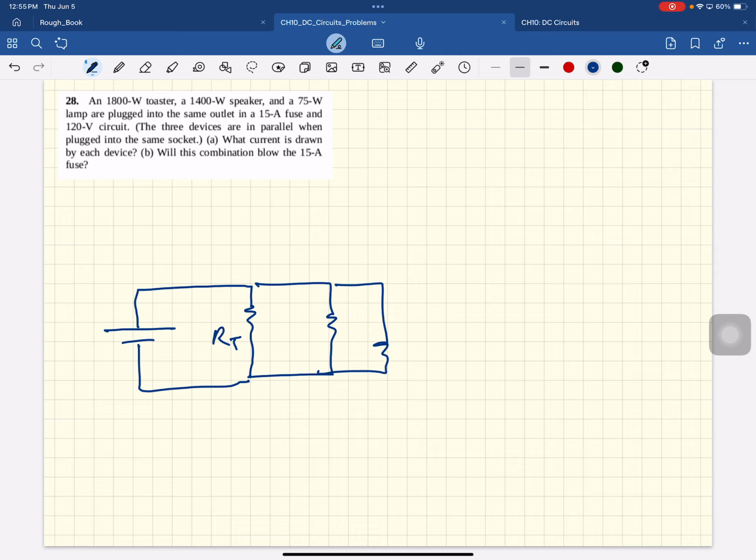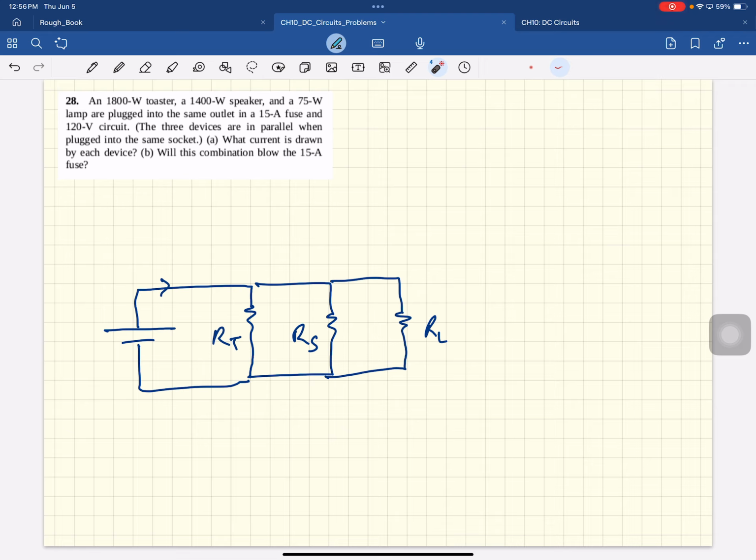This is the toaster, this is the speaker, and this is the lamp. Okay, so it's outlet to a 15 amp fuse. What that means is you don't want more than 15 amps flowing in this wire because it would burn it up. So there's a fuse somewhere here. A current of more than 15 amps will burn that fuse, and that's easy to replace. Okay.